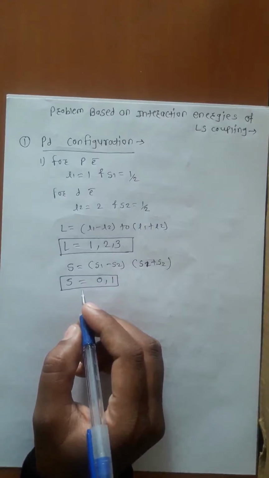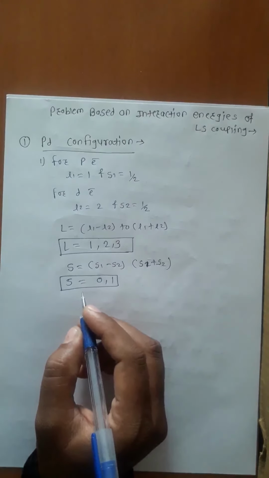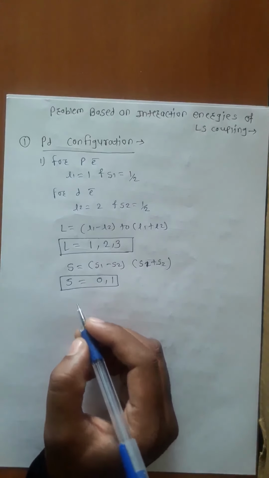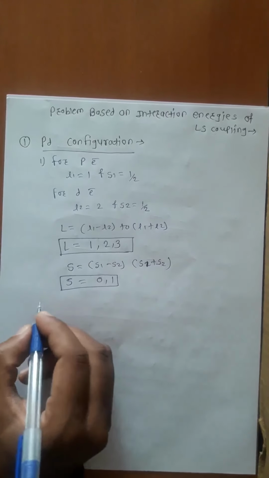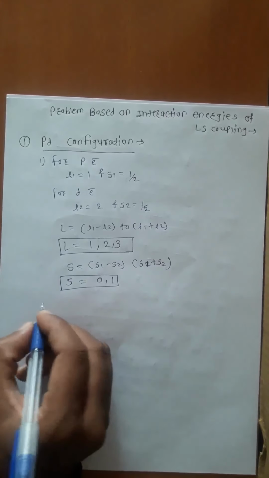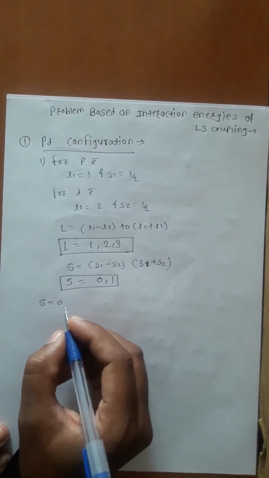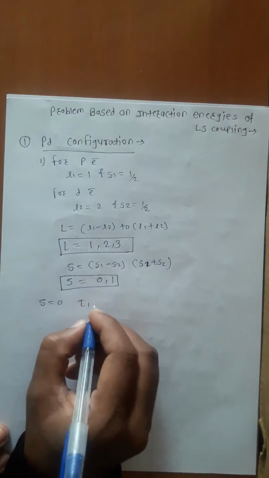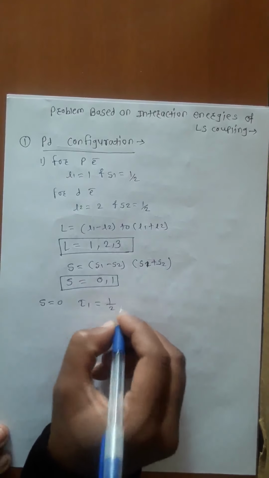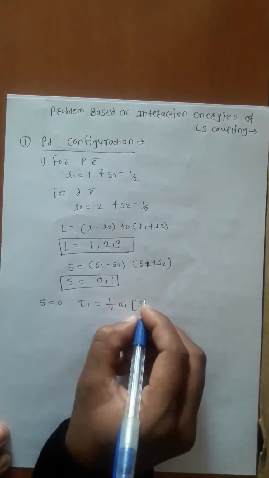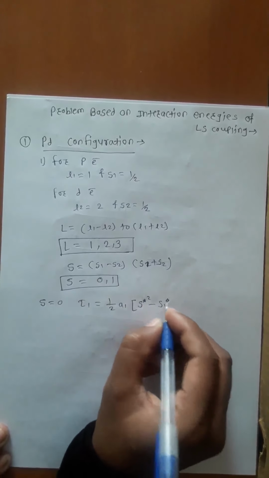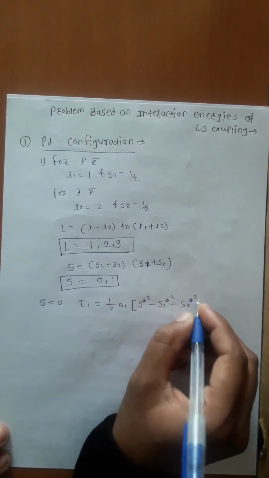Okay. Now we first calculate for the singlet state, where the value of S is equal to 0. Then the equation of tau 1 is 1 half A1 into S star square minus S1 star square minus S2 star square.